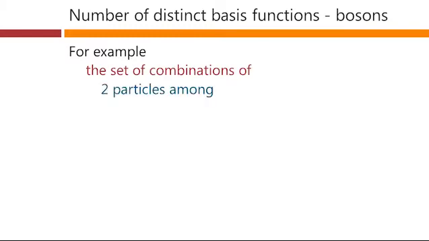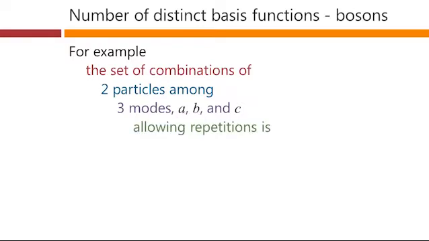For example, the set of combinations of 2 particles, that's n equals 2, among 3 modes, that's m equals 3, which we will label A, B, and C, and we allow repetitions, is AB, so that's 1 particle in state A, 1 particle in state B, AC, BC, AA, that is both particles in state or mode A, BB, both particles in state or mode B, and CC similarly.